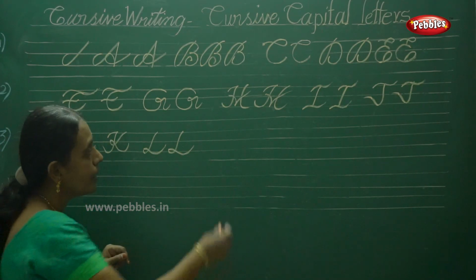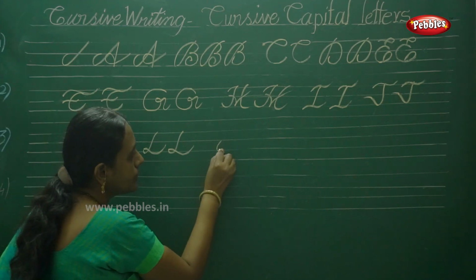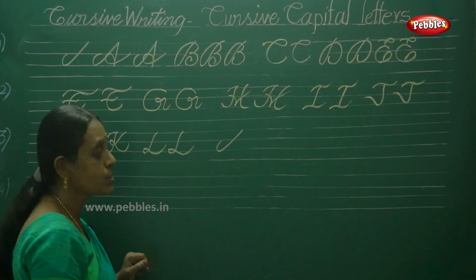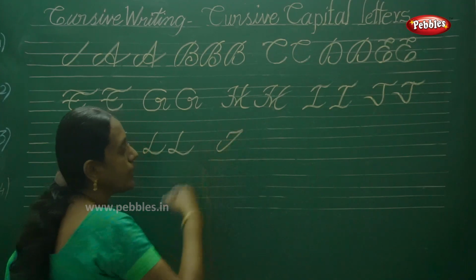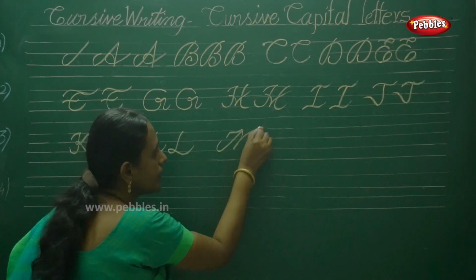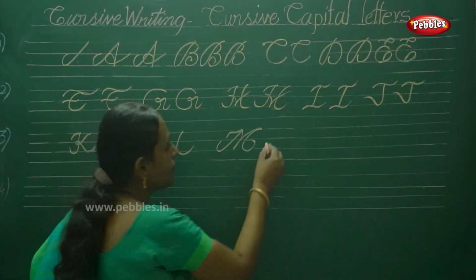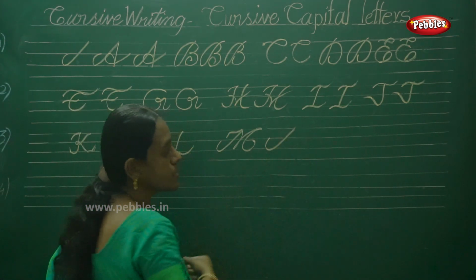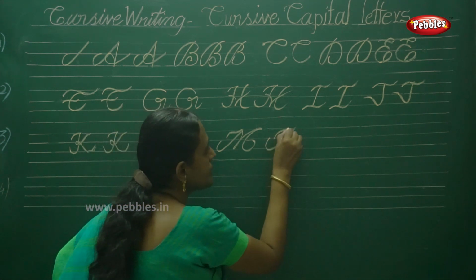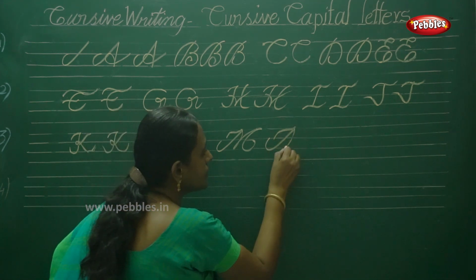So L and M, that is first stroke and second and third one. Once again listen here. That is first, and second and third step.